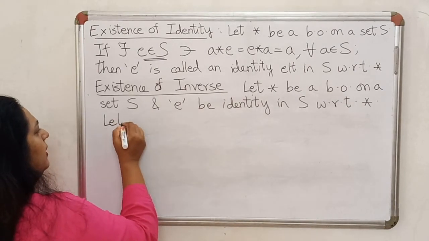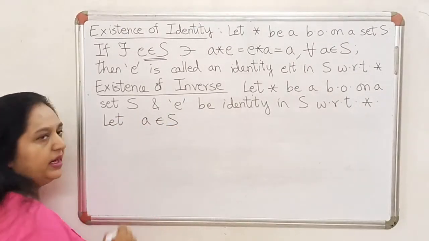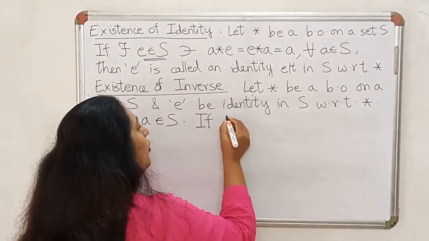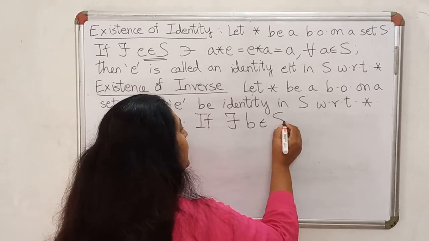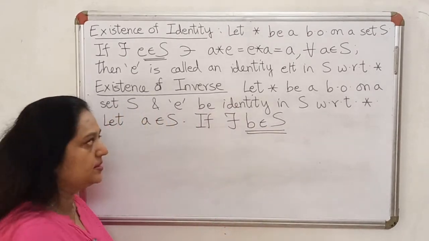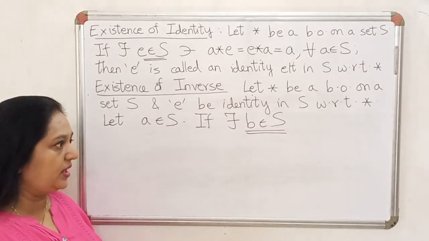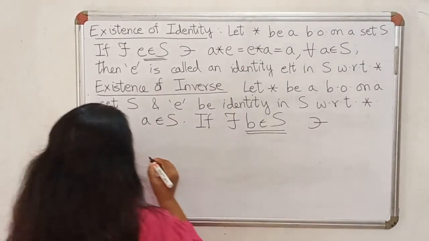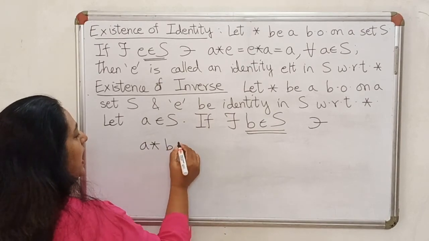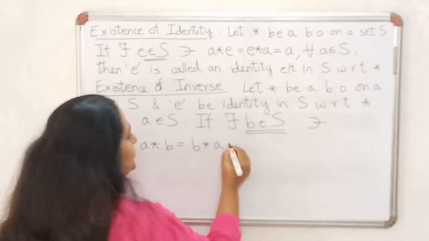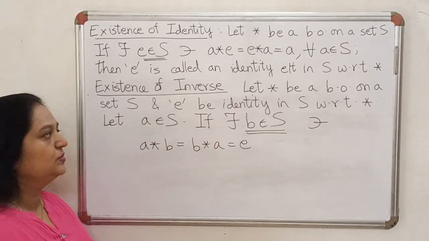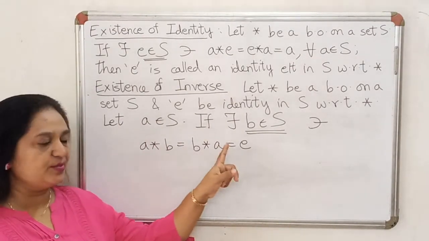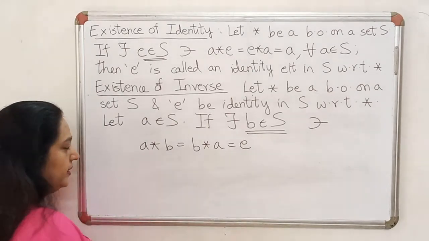So let's take a specific element A in S. If I can somehow find an element B also inside S, I'm not saying that there will be such an element, but if I can find such an element inside S such that A star B as well as B star A gives me the identity. So again, the equation has to work in both directions. A star B as well as B star A has to be equal to the identity.